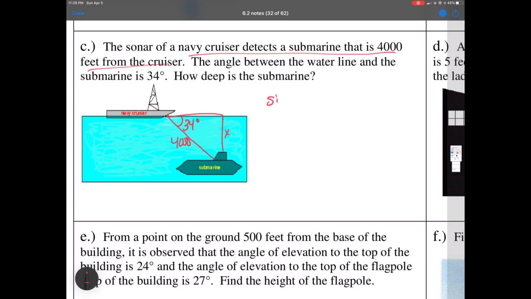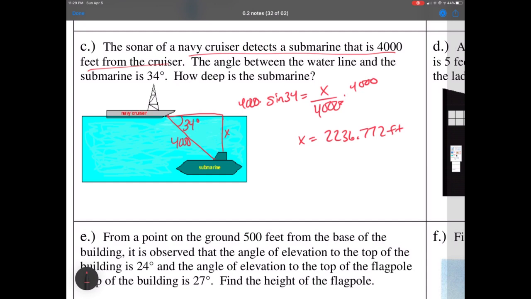So it's going to be sine of 34 equals x over 4,000. So multiply 4,000 on both sides. x equals 4,000 sine of 34, which is 2,236.772 feet. That's how deep the submarine is.